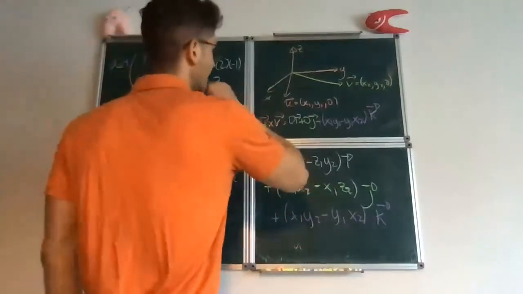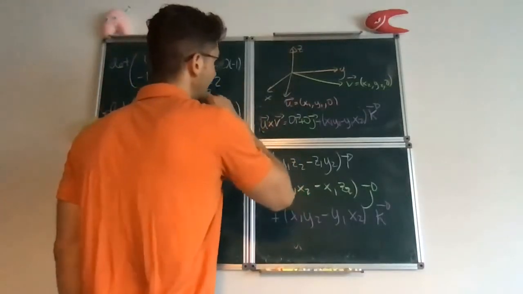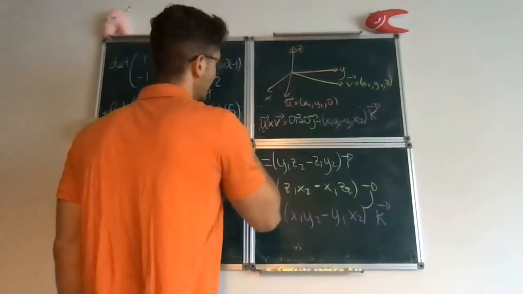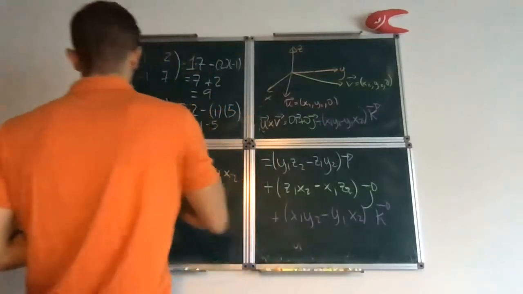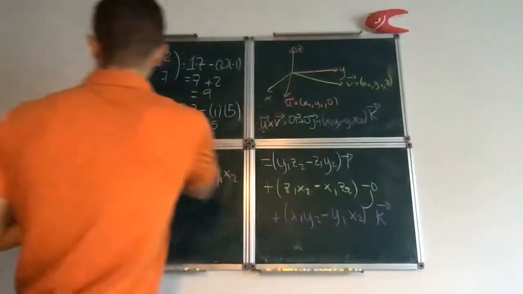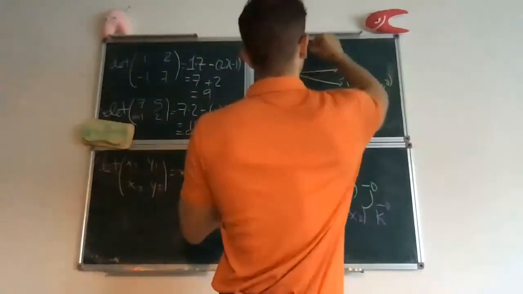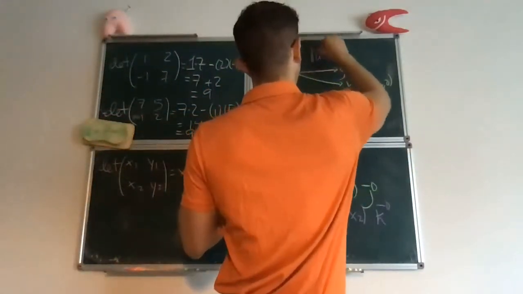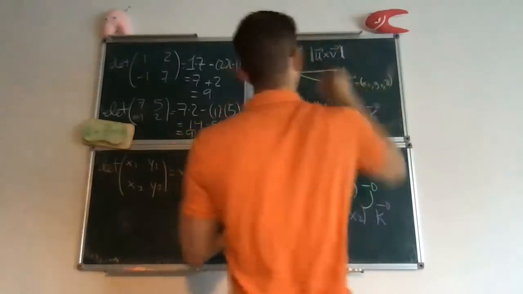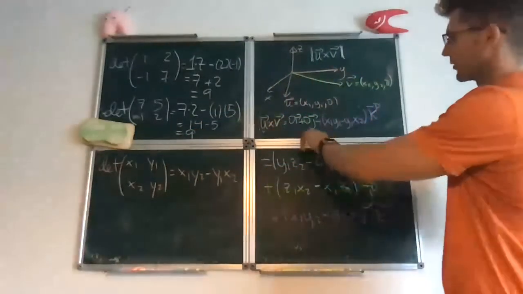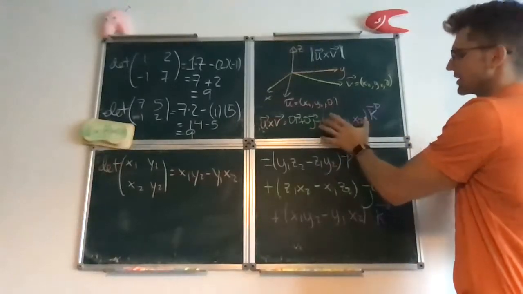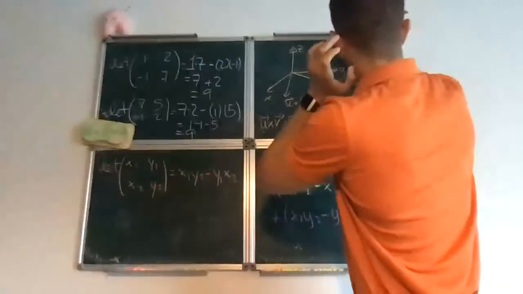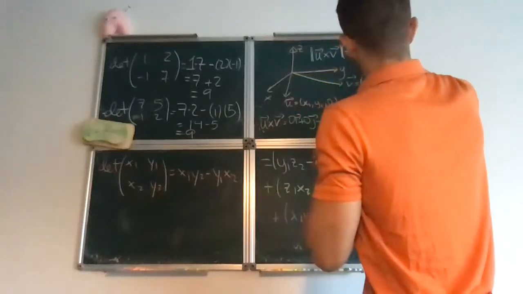So the norm of the cross product, in this case, what would be the norm? Well, the first two entries are 0, so it's really just the absolute value of this number.